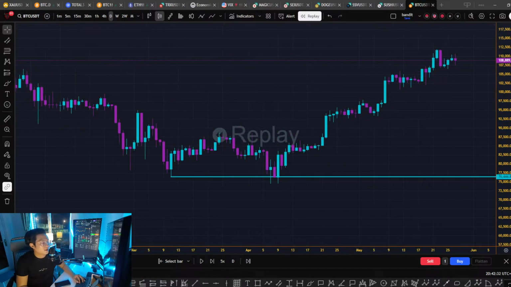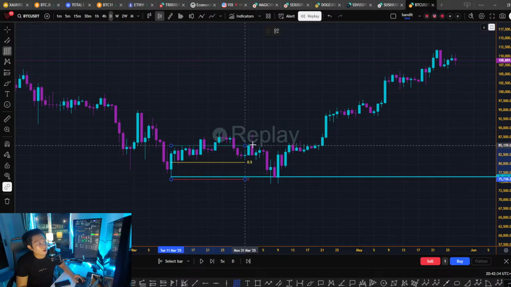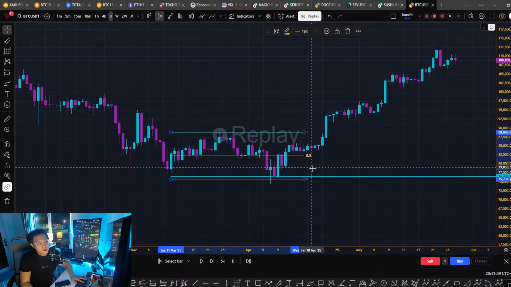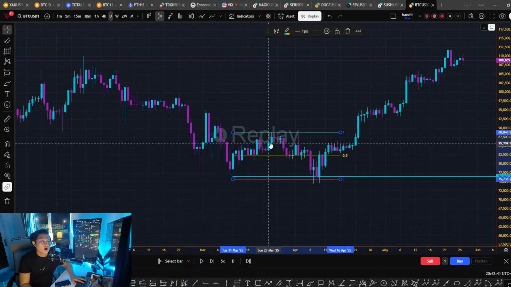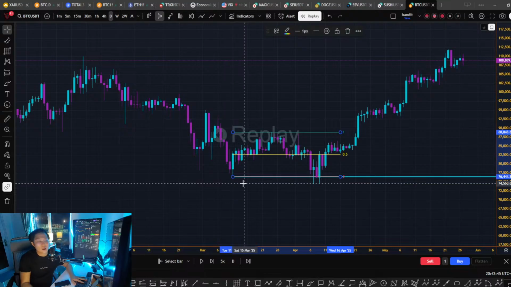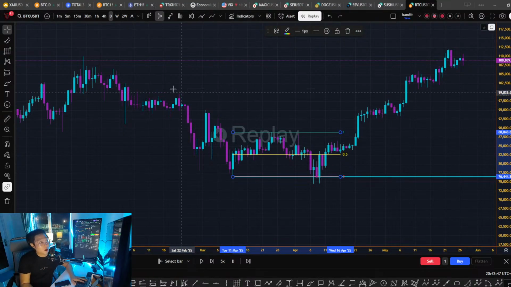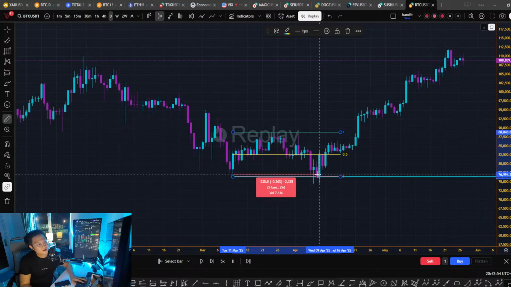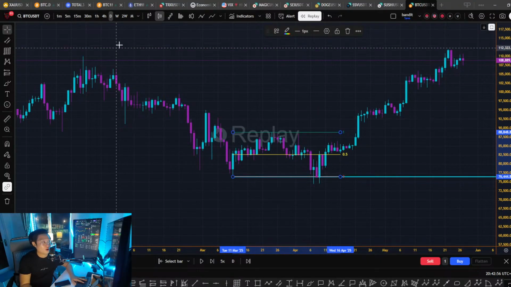That's why you can see here a rectangle pattern, or we call it a sideways movement. Just up and down. It's long, from here to here. It's almost a month, because we're using the daily candle.